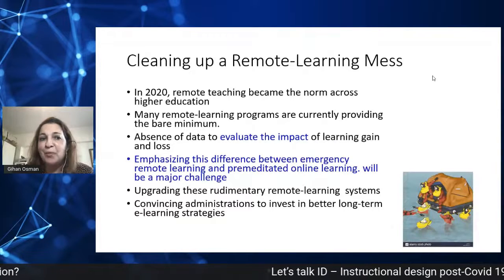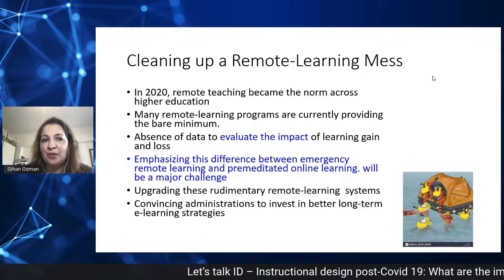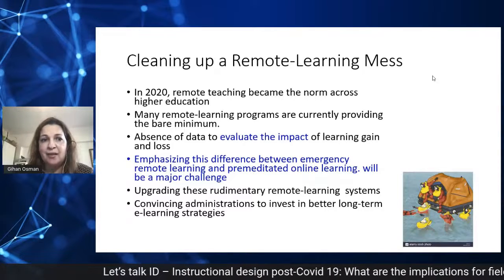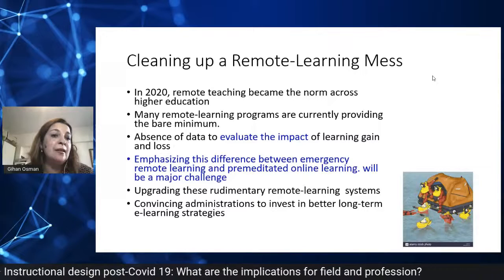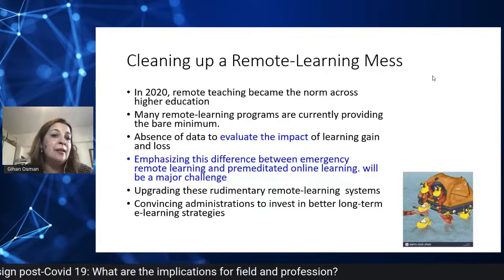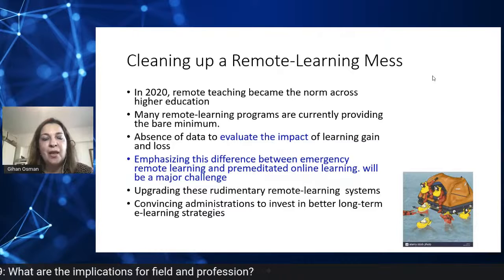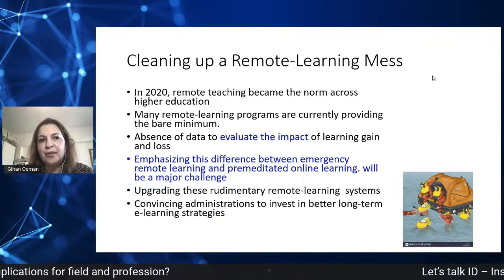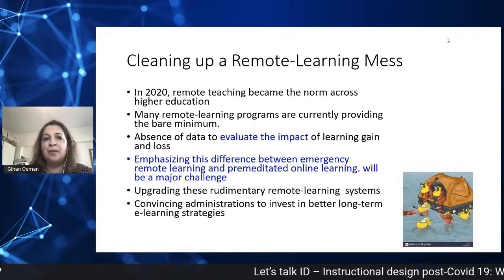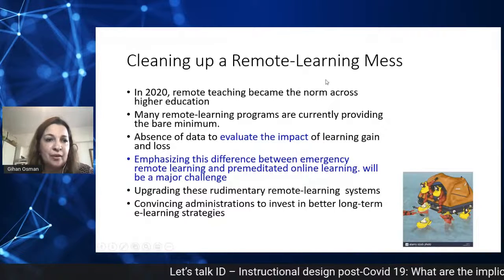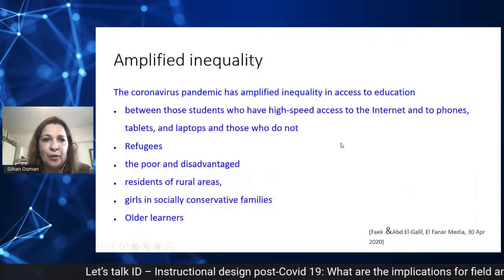And the problem is convincing those who do not know that this is the case, and convincing people that we might really want to consider establishing long term systems that are more based in principles that ensure effectiveness. So, this is part of it, the misconceptions that have resulted from the pandemic. But there are other things.